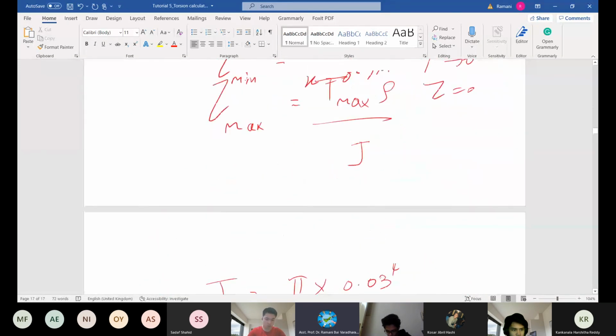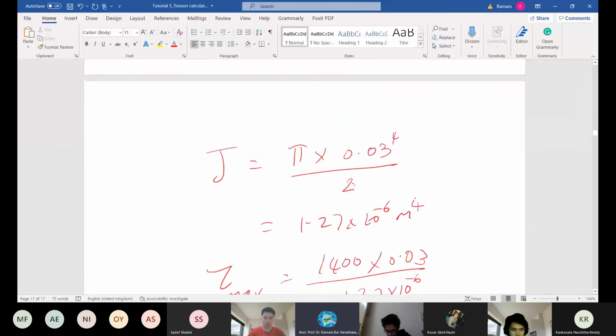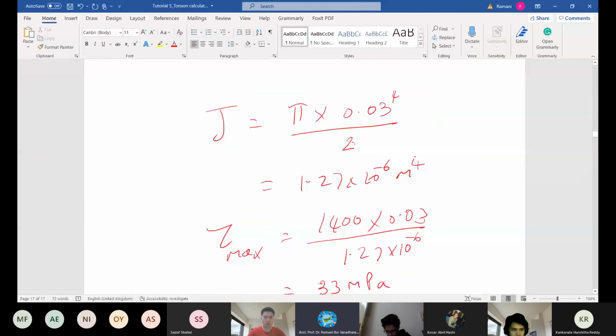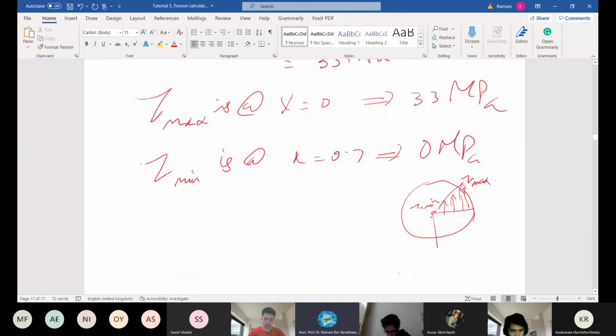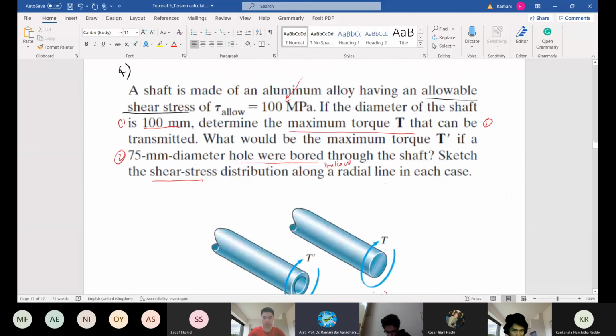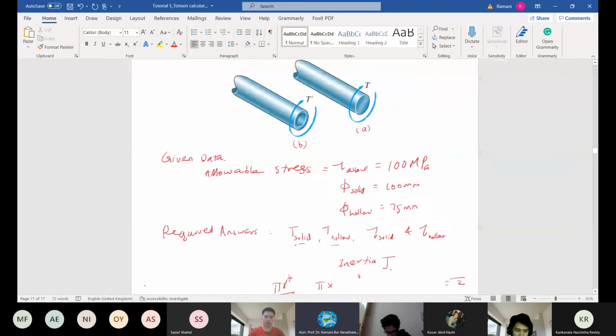Start from here. Write the given data. Find out the J, find out the J max if you want. No, it's not J max, J only, right? J and J max here are the same. That's the only thing you need to find. Okay, move to the question itself because it's a bit different question.